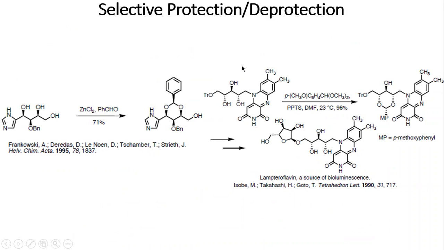You treat this product right here with that in PPTS and DMF at room temperature, and you get a 96% yield. And this is, again, highly efficient, and none of your other functionality gets disturbed, right? And you're able to treat that 1,3 diol and protect it.